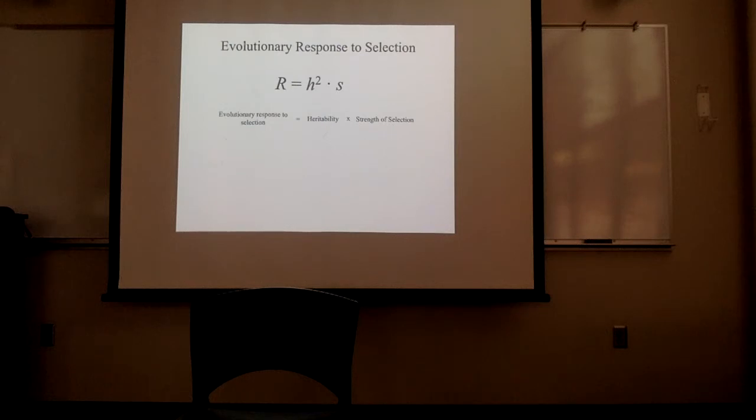Think of it as H squared equals heritability equals 0.91, in the same way that we could have called heritability Q equals heritability equals 0.91.